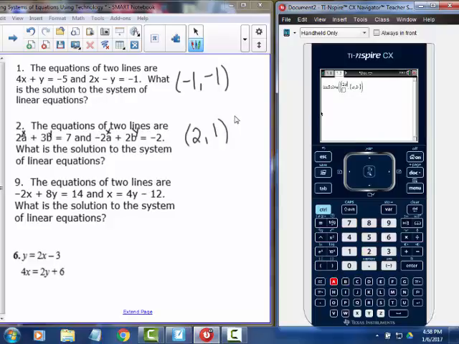So 2a plus 3b equals 7. And then I arrow down, and the next one is negative 2a plus 2b equals negative 2.